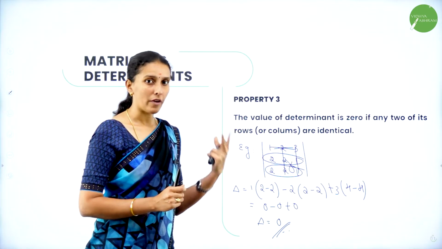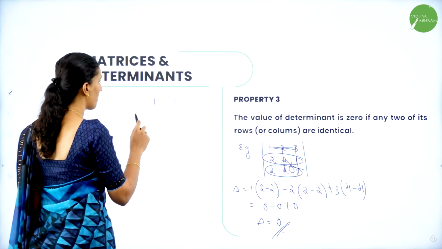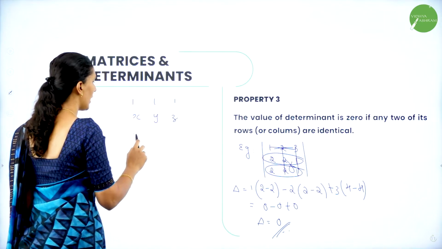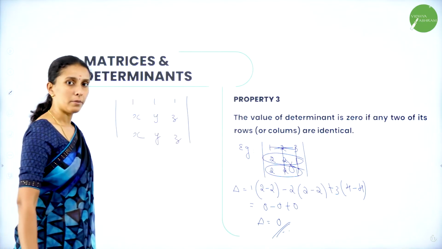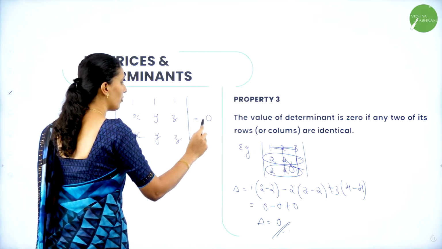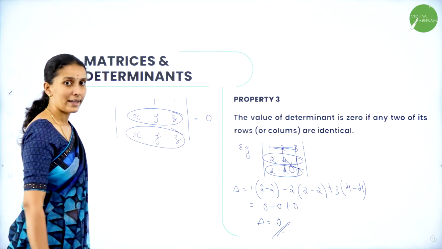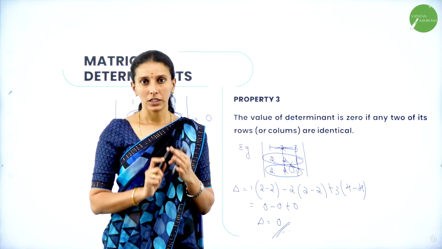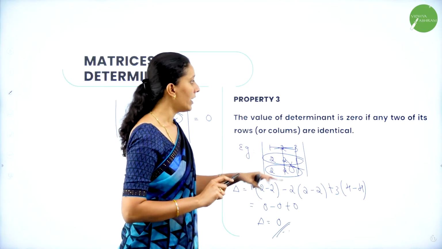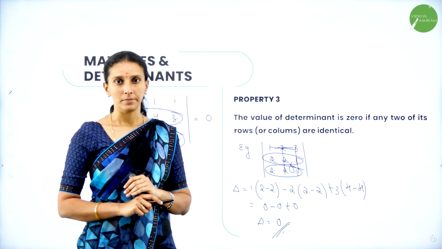So wherever you find a determinant in the form like 1 1 1, x y z, x y z, directly you can write the value as 0 because two rows are identical. So, using property 3, the value of the determinant is 0 whenever any two rows or any two columns are identical.